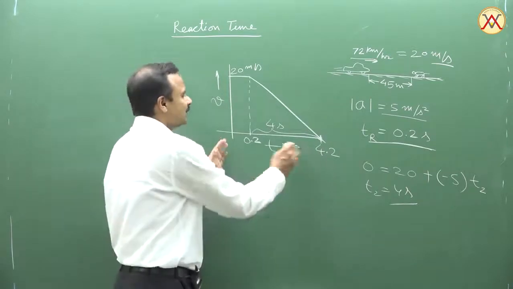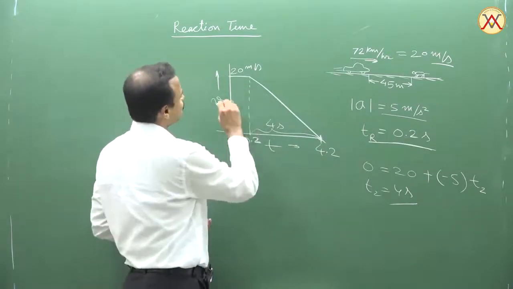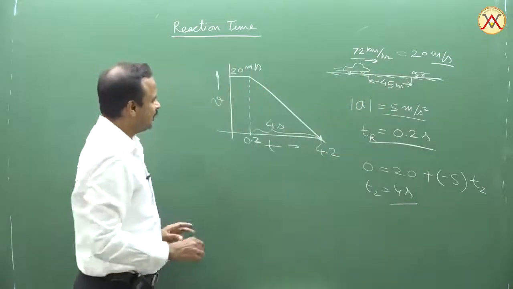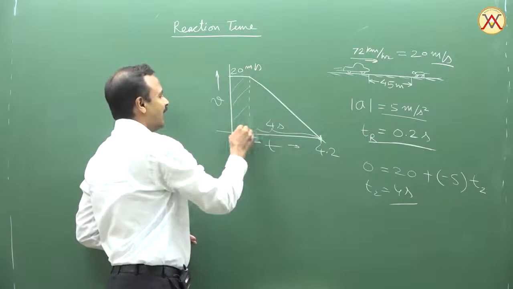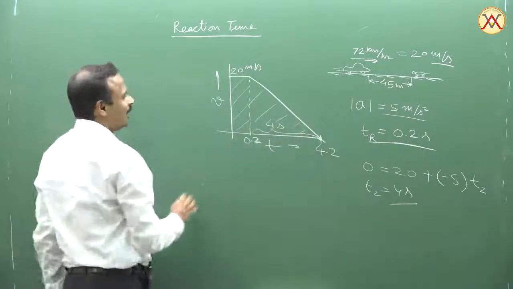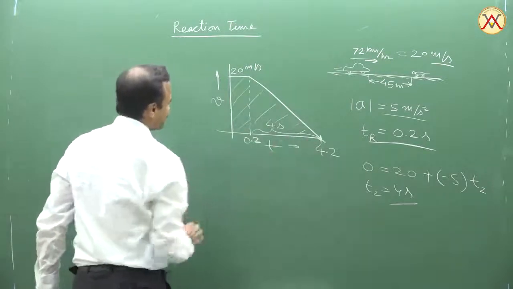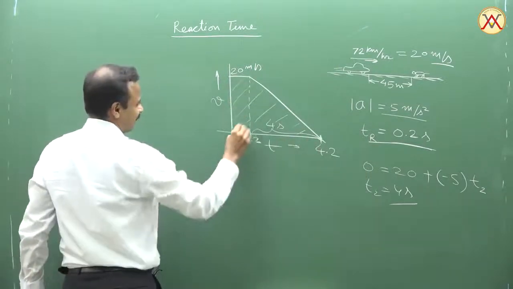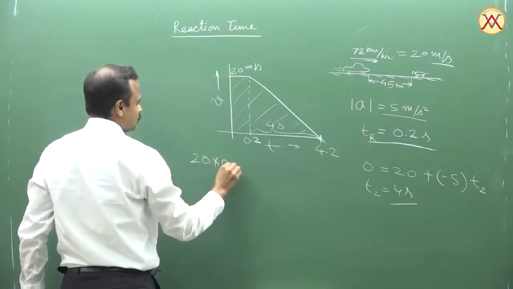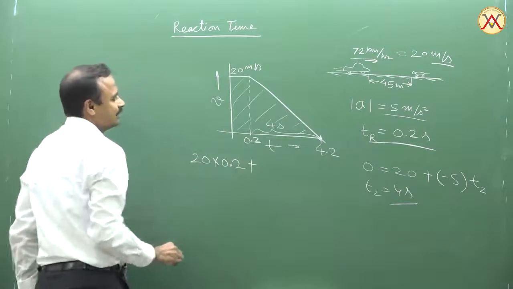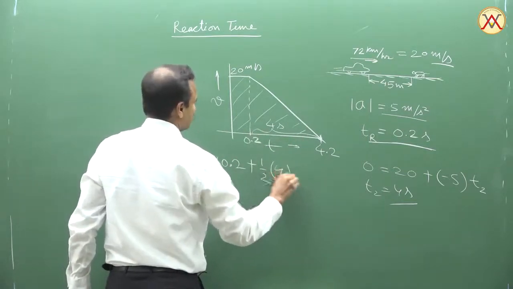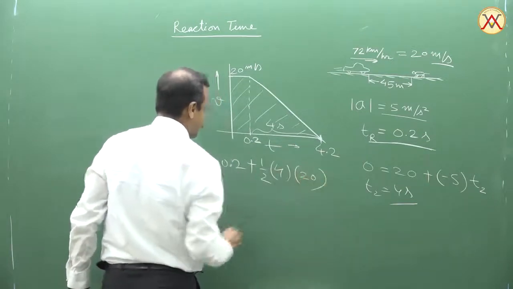Now the total displacement of the vehicle before it stops, we can get it by the area under the VT graph. So how much is the total displacement of the vehicle? It is the area of the rectangle plus the area of the triangle. So the area of the rectangle is 20 into 0.2 plus the area of the triangle is half, base is 4, height is 20.